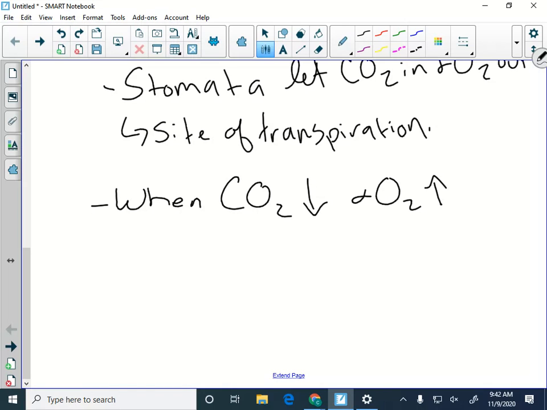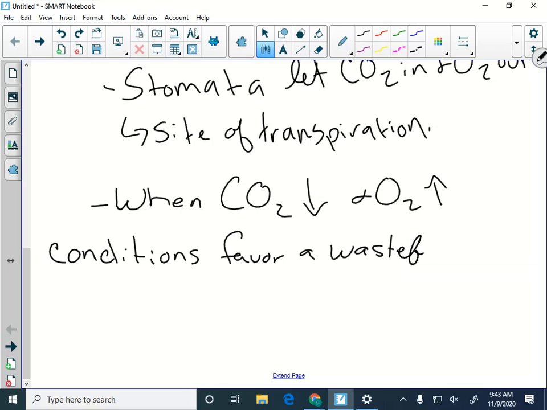Conditions will favor a wasteful process called photorespiration.